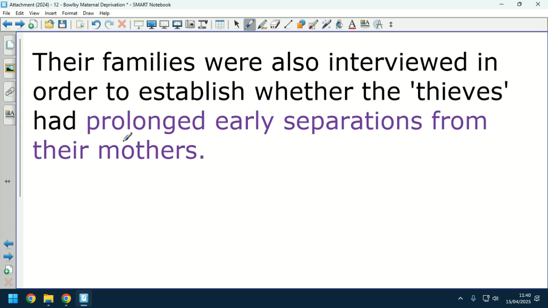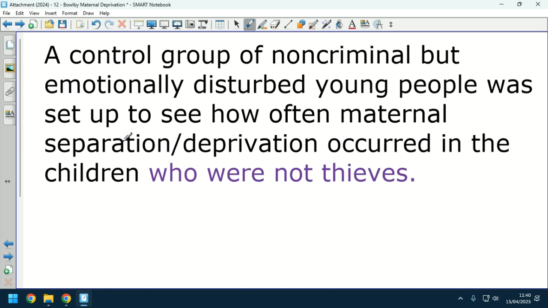Their families were also interviewed, and he wanted to find out whether they'd had prolonged separations. He also had a control group that weren't criminals but were emotionally disturbed. In other words, they were in the system for being troubled emotionally, but they were clearly not thieves.